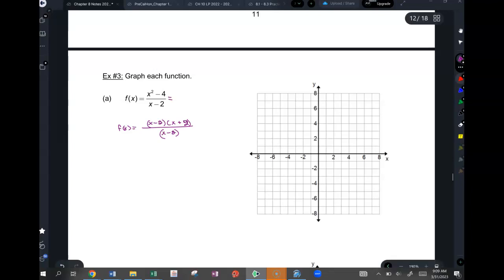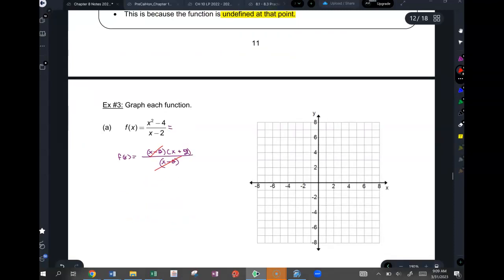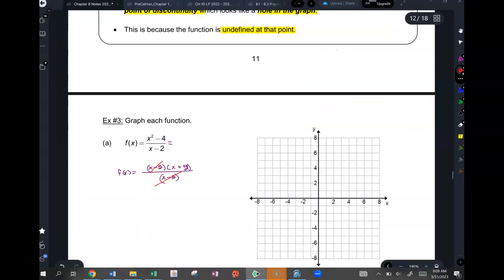So what we thought was going to be a major problem at x equals 2, I'm now able to cancel it, and I'm able to remove that problem. Because I'm able to remove that problem, it's no longer a vertical asymptote, now it's just a hole in the graph. In the future, you'll see that it's also called a removable discontinuity, okay?